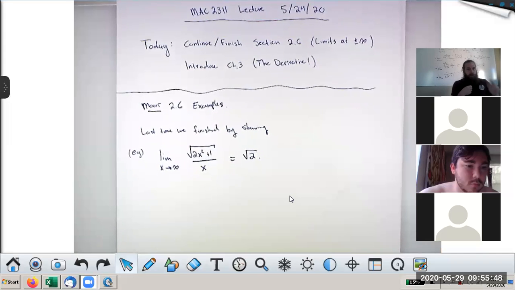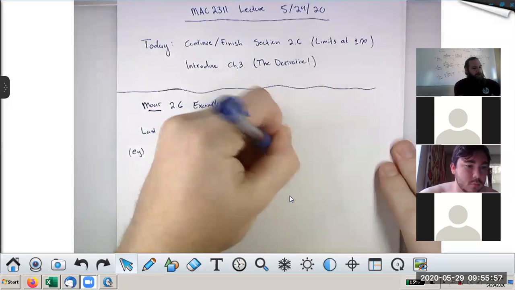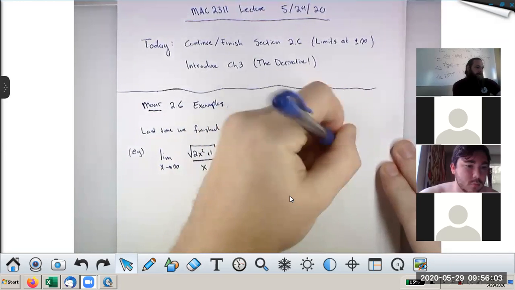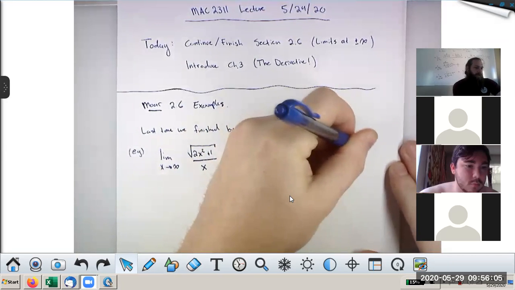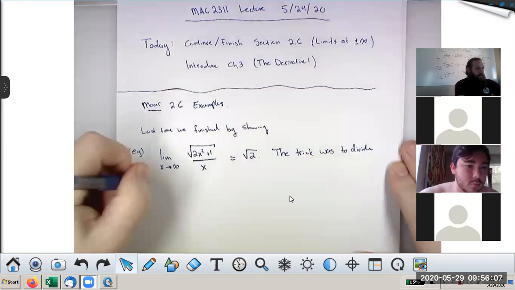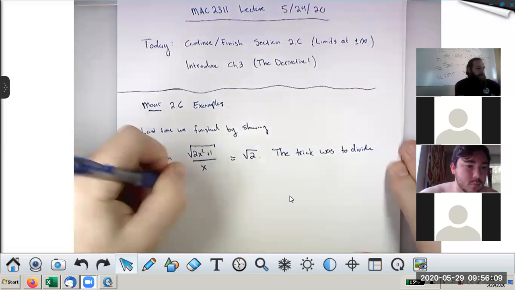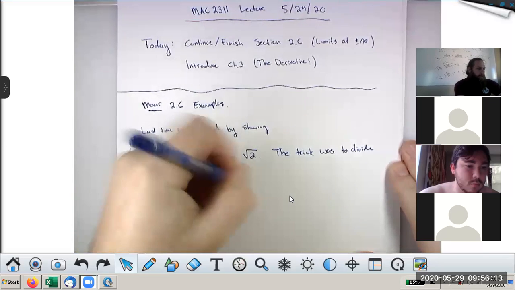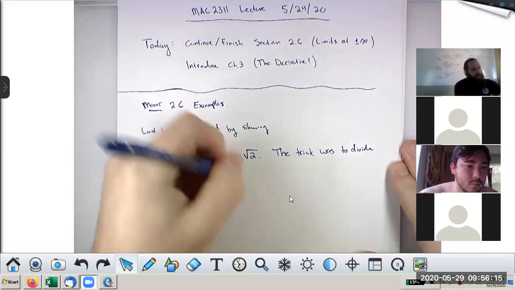It's been a couple of days, and the trick we used for this was a little bit weird. So I forgive you if you don't necessarily remember the trick, but what we did was to divide top and bottom by x.